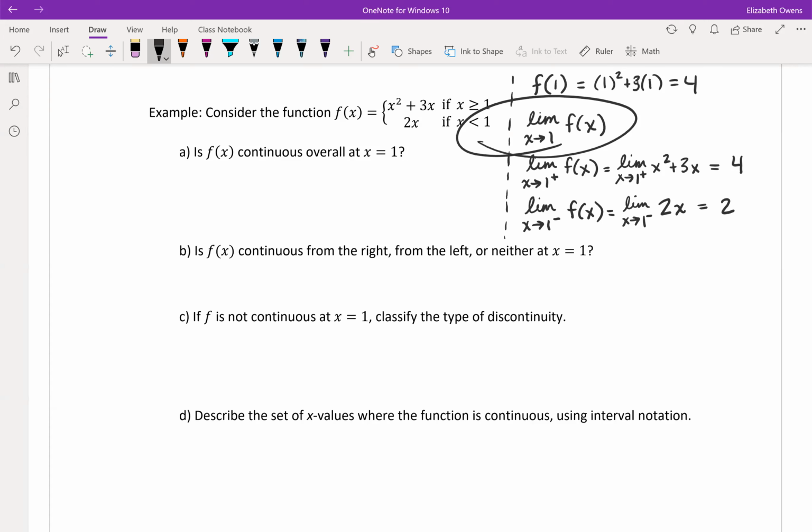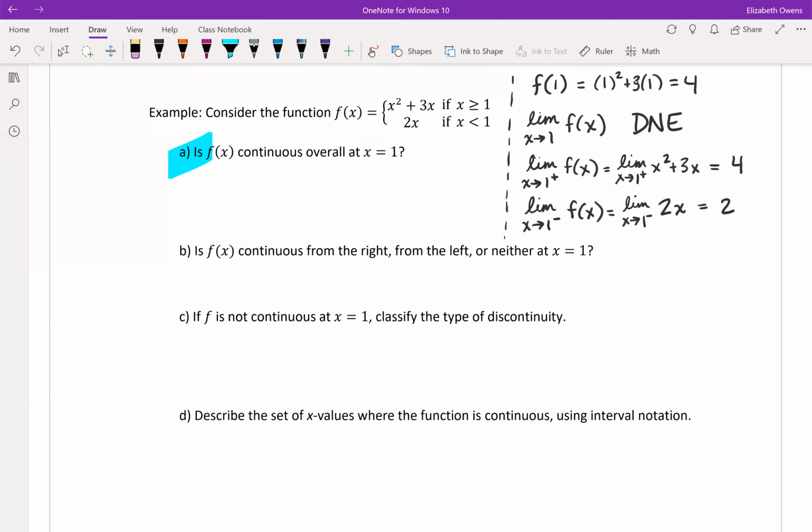If you said does not exist, you are correct, because the one-sided limits don't match up. So our overall limit, right there, does not exist. Okay, so in looking at our first part of this question, is f of x continuous overall at x equals 1?